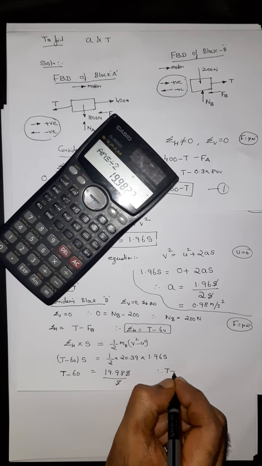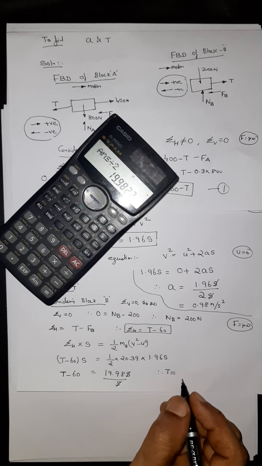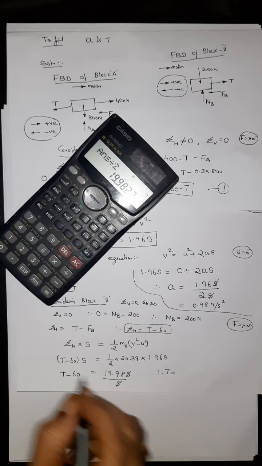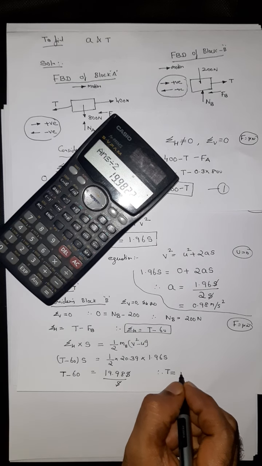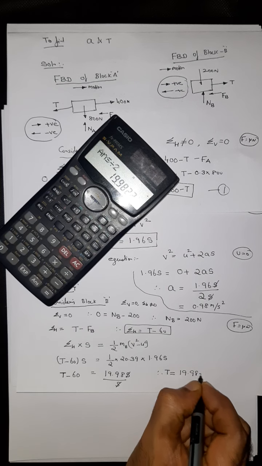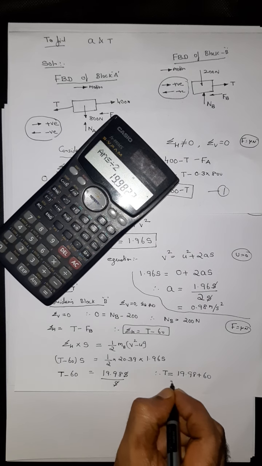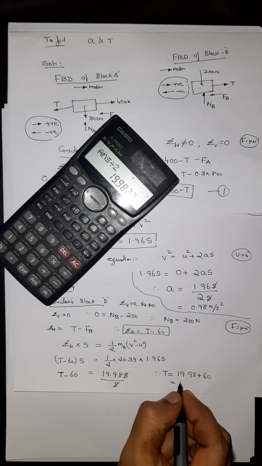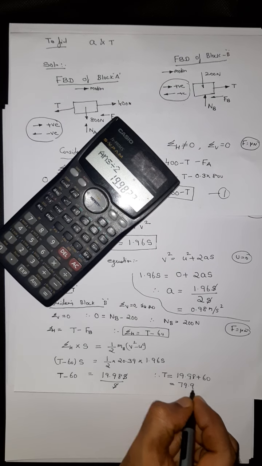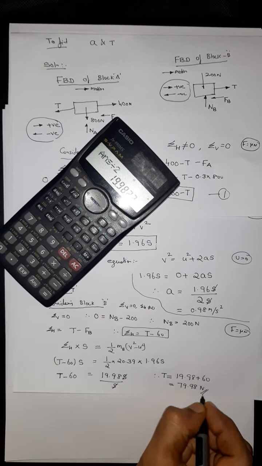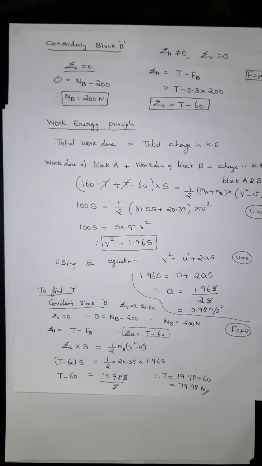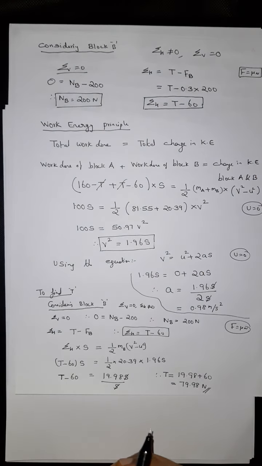Therefore, T equal to, when it goes to the other side, 19.98 plus 60, which works out to 79.98 Newton.